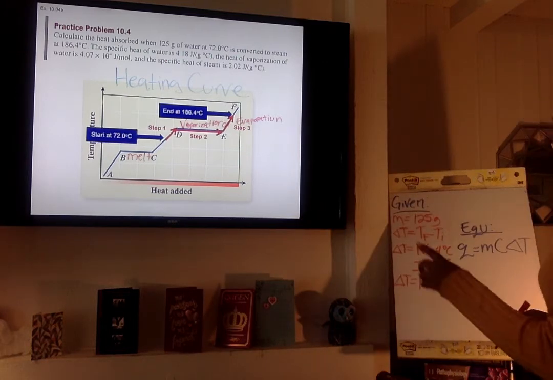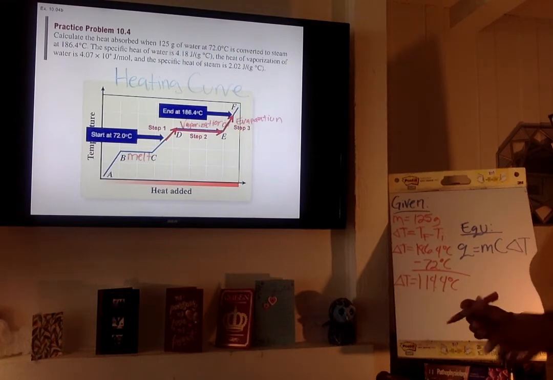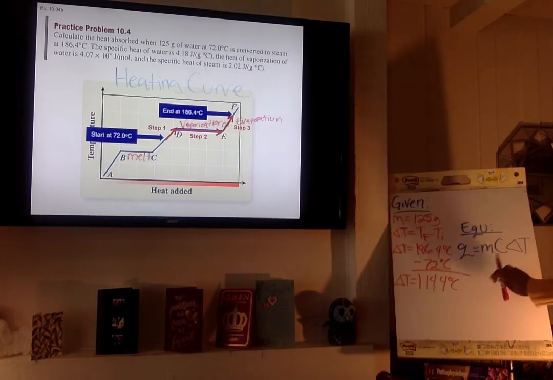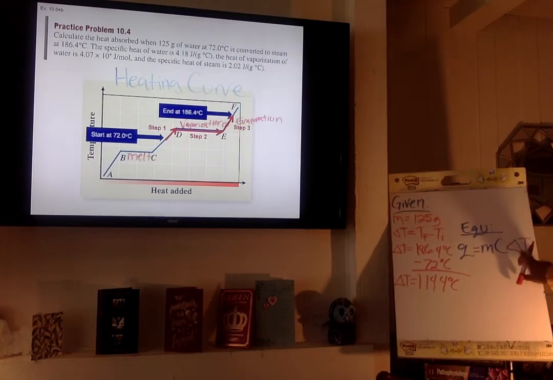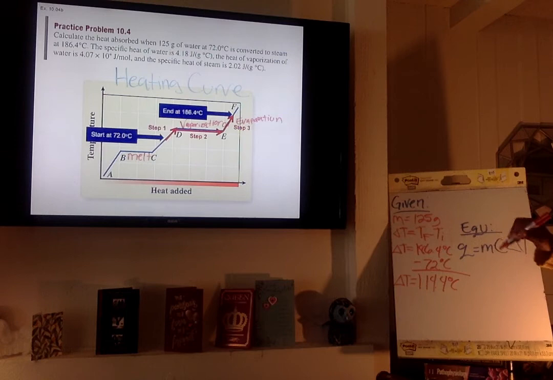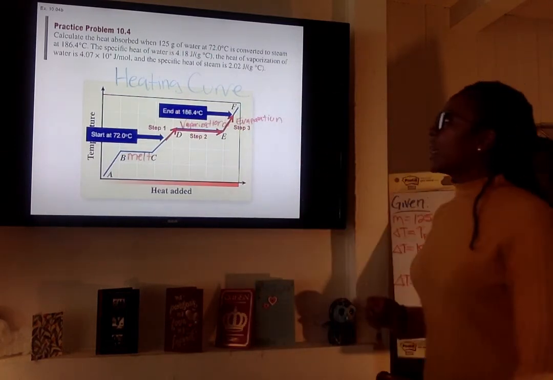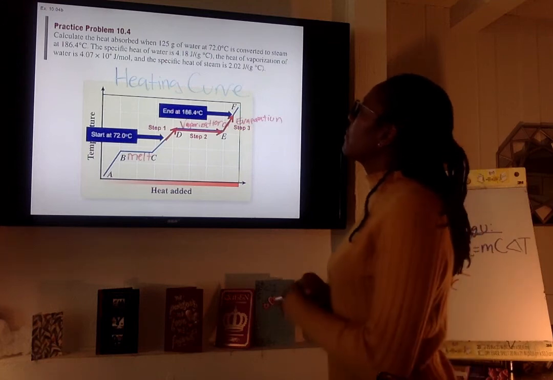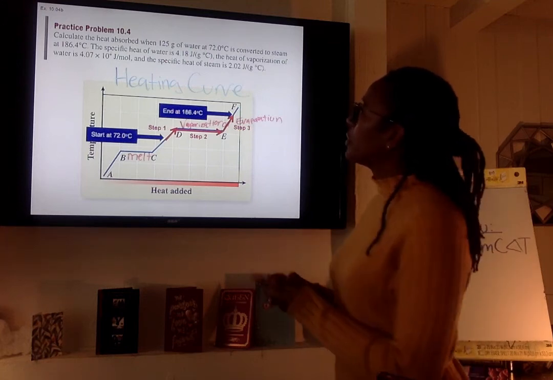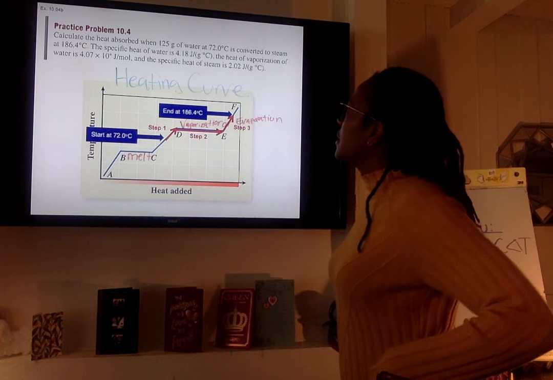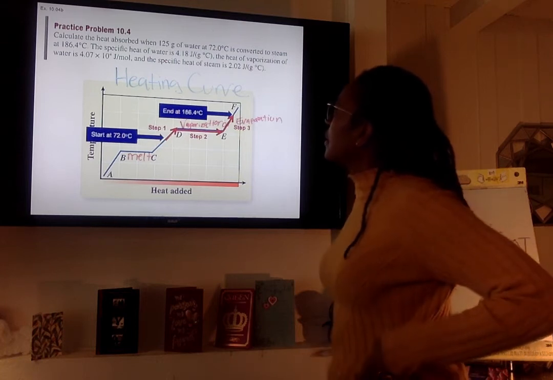And now, what's the last part of information that we need? So we have our mass, we have our delta T, and now we need our specific heat. So here they give us all this information. They give us the specific heat, the heat of vaporization, and the specific heat of the steam.